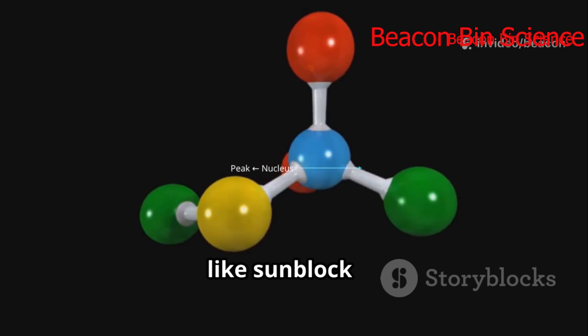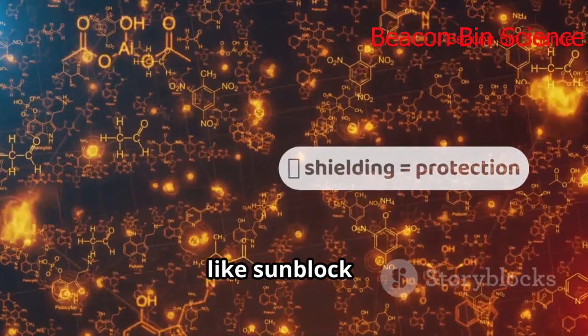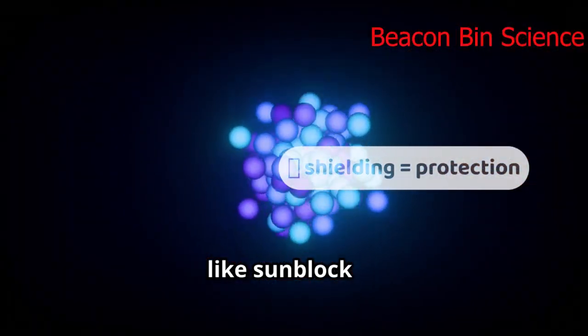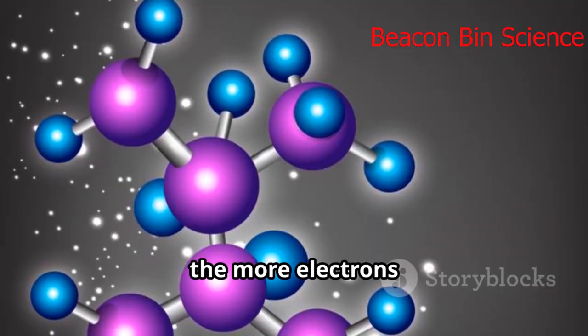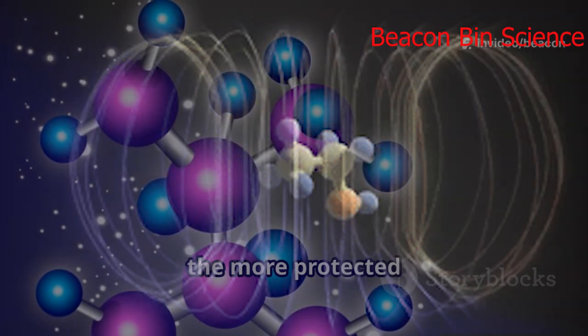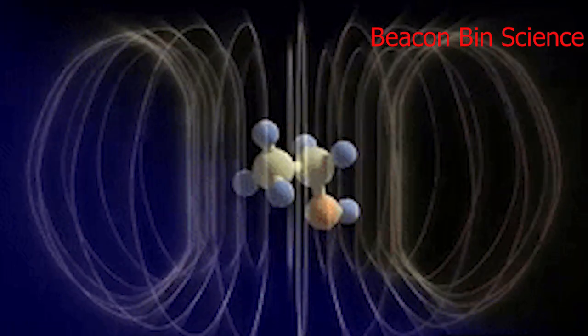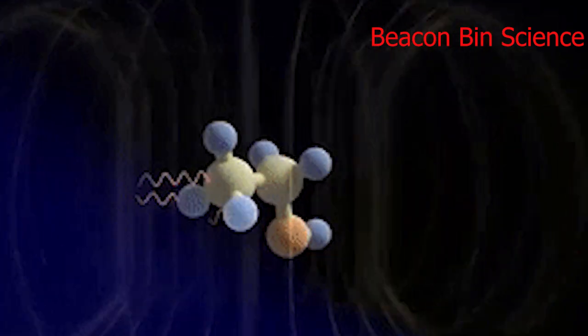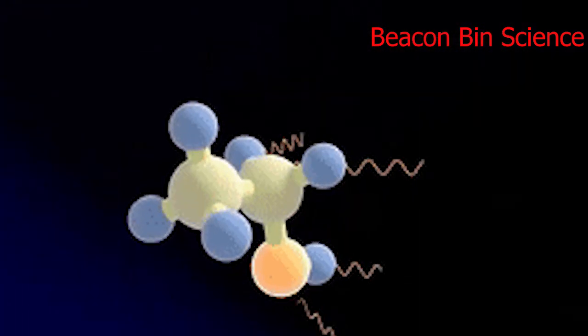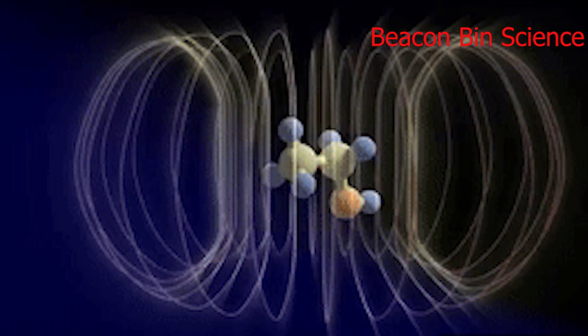Think of it like sunblock. The more electrons hanging out around a hydrogen atom, the more protected it is from the external magnetic field. Less sunblock?